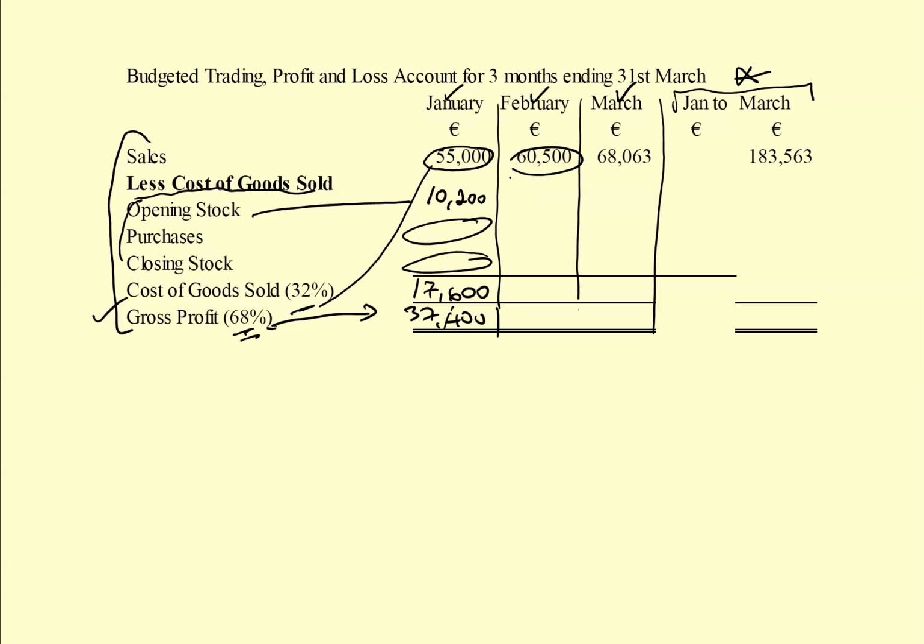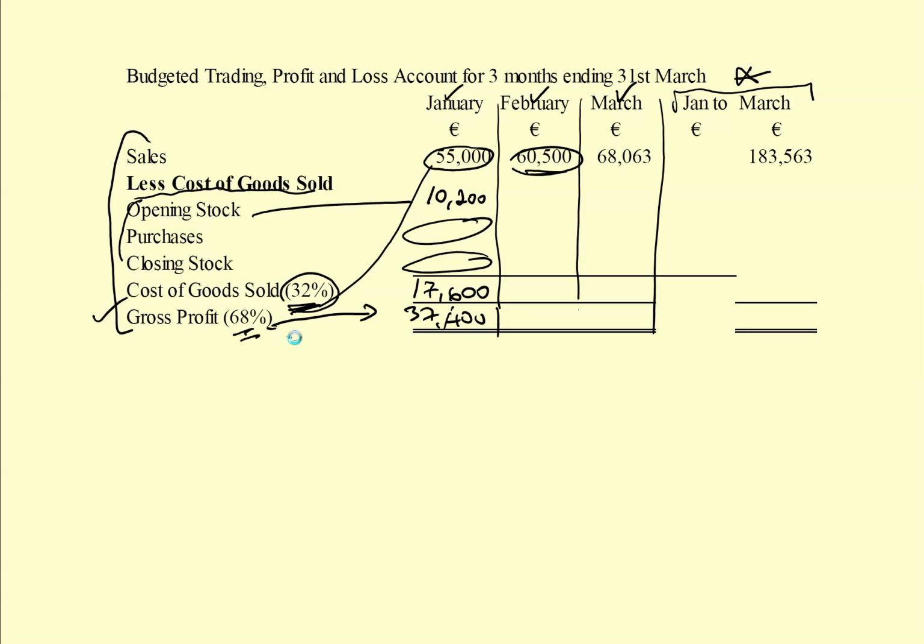Now, the goods are sold at 32%. So therefore, that is the cost of the goods I need to meet those sales. So I'm going to get 60,500 and I'm going to multiply it by 32% to get the cost of the goods that I need to meet February sales. But then we're told you don't have half of that in hand.